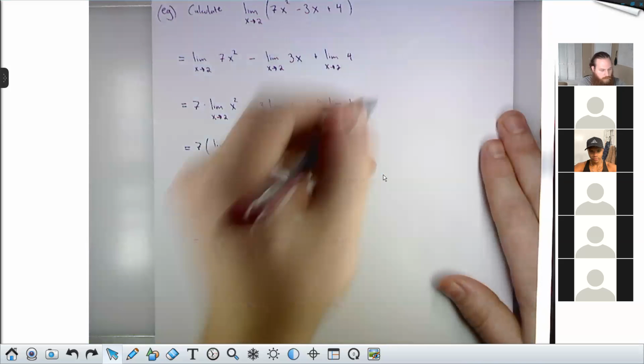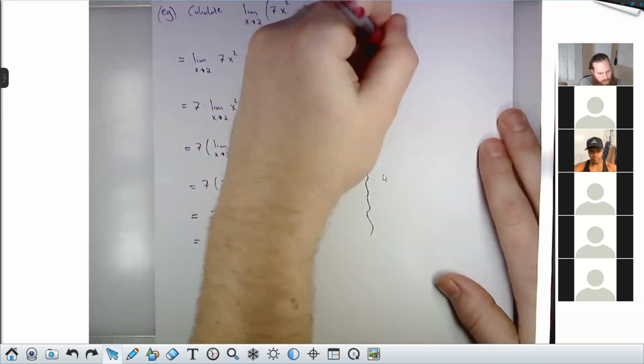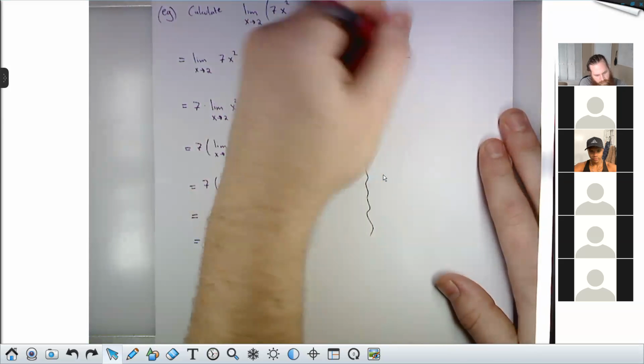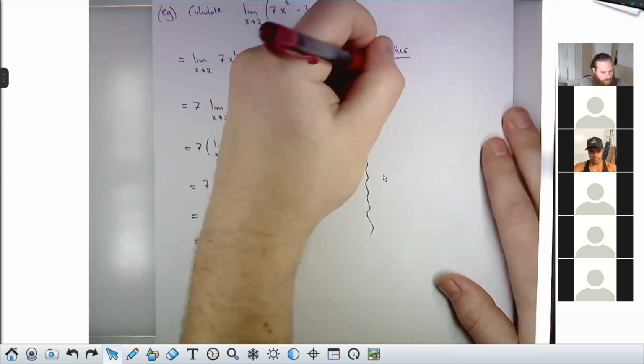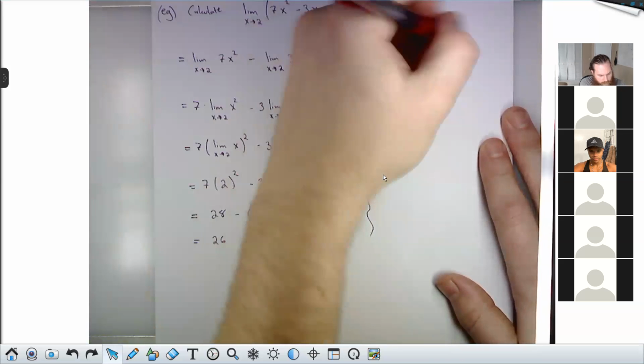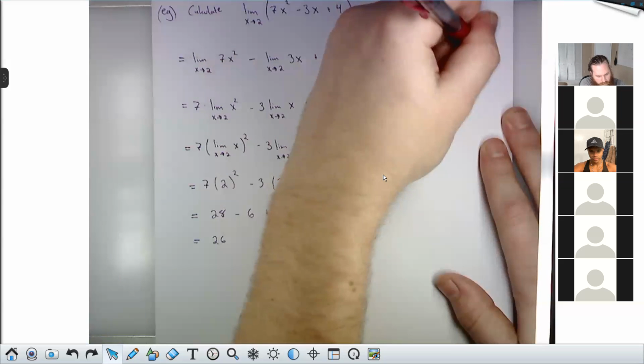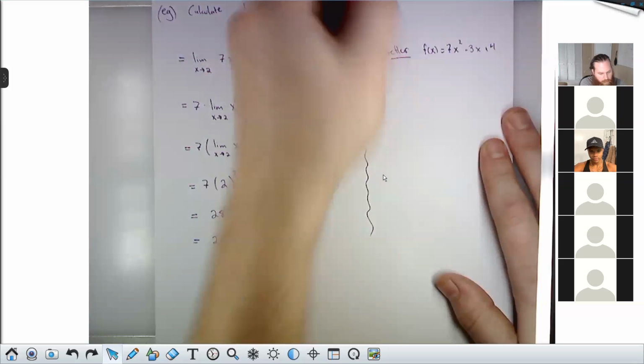A better solution: f of x equals 7x squared minus 3x plus 4 is a polynomial.